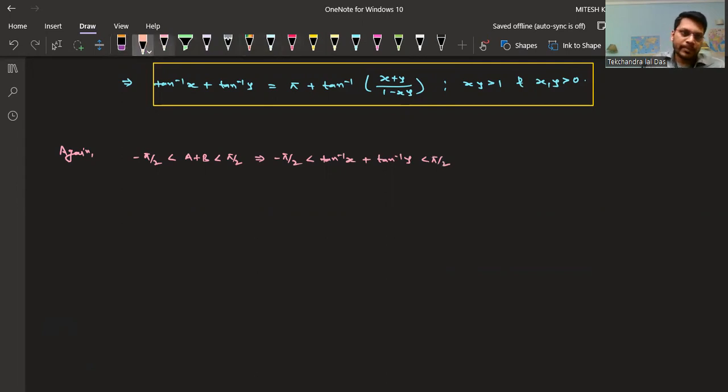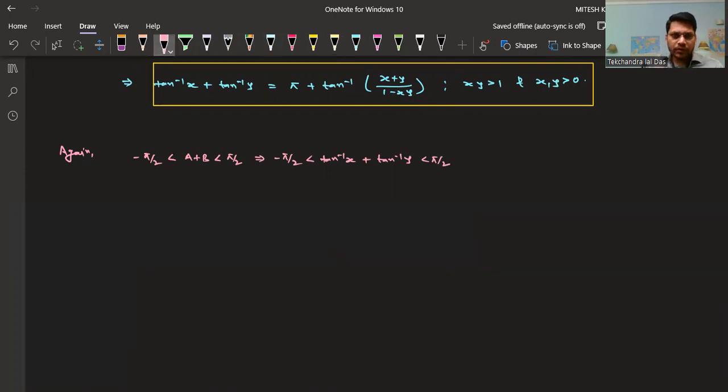Now for this inequality, can you guess about tan inverse x and tan inverse y? What can you say? Both positive, both negative? Yes, it can be both positive. It can be both negative also, or it can be of opposite sign also.